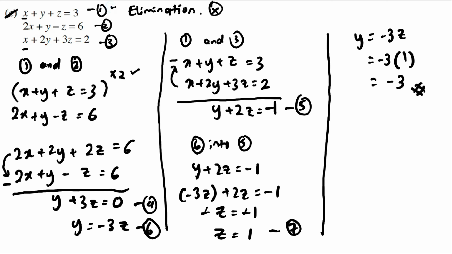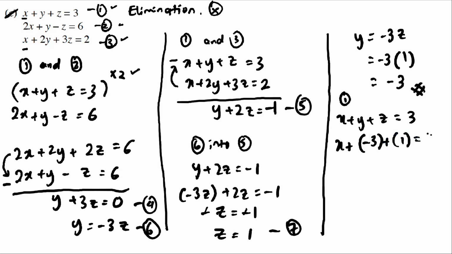You can use any of 1, 2, 3 to find x, but choose the easiest equation possible. So I choose the first one. X plus y plus z is equal to 3 from 1. X plus y is equal to negative 3 and z is equal to 1, so it is equal to 3. X, negative 3 plus 1 is negative 2.